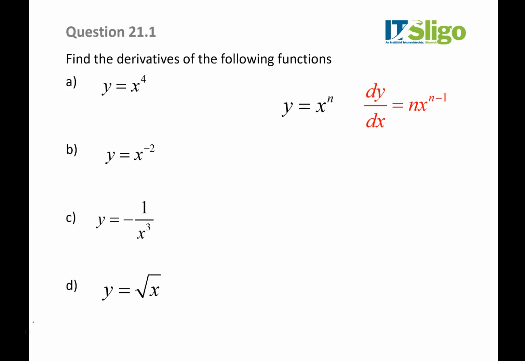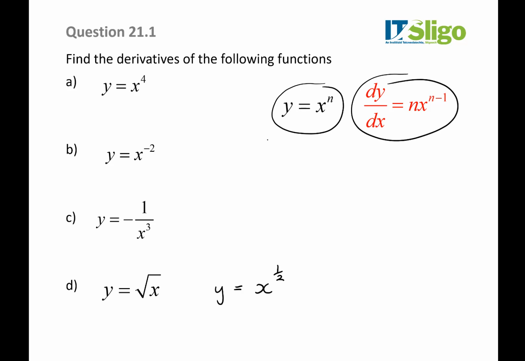Remember square root as a power. So once we write it as a power, now the rule comes into effect. Bring down the power, add -1 to the old power to get your derivative. So I'll let you guys have a go at them.